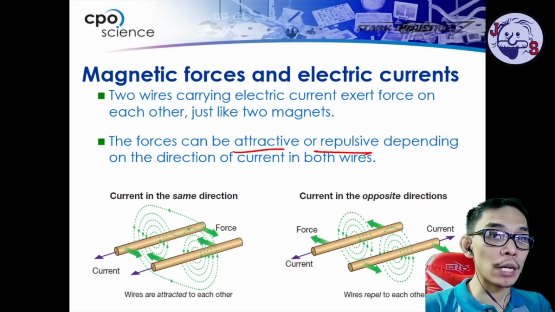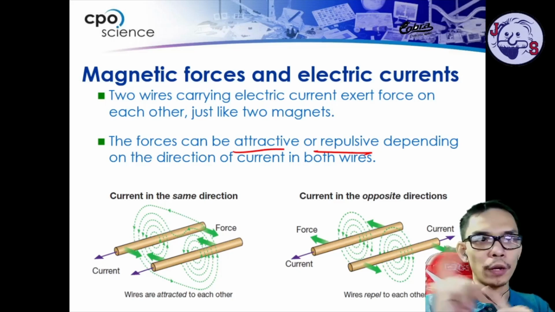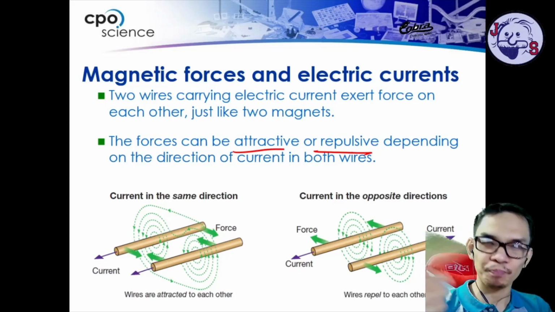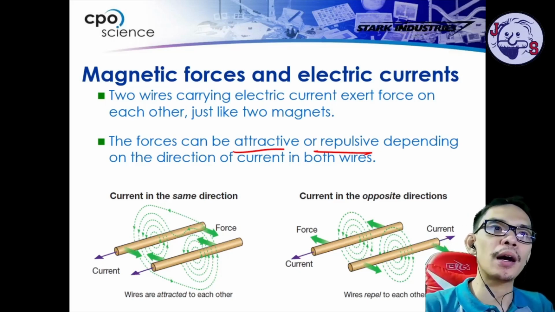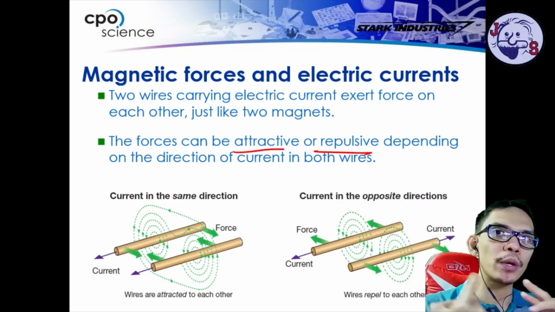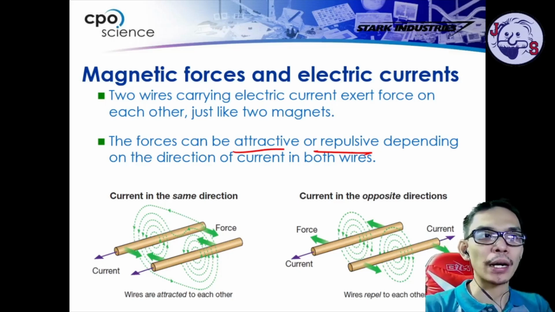This is the discussion about the magnetic field around the current carrying wire. In the next part of this video, you will see the magnetic force around the current carrying wire.